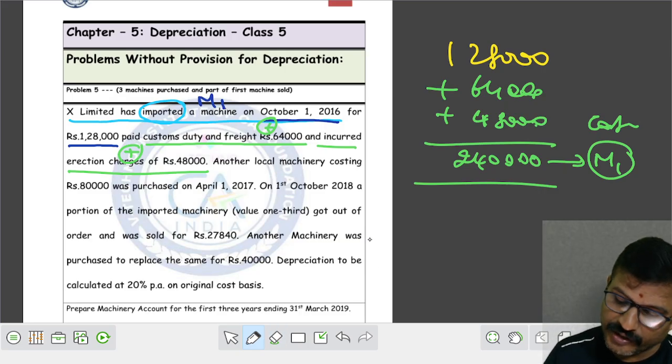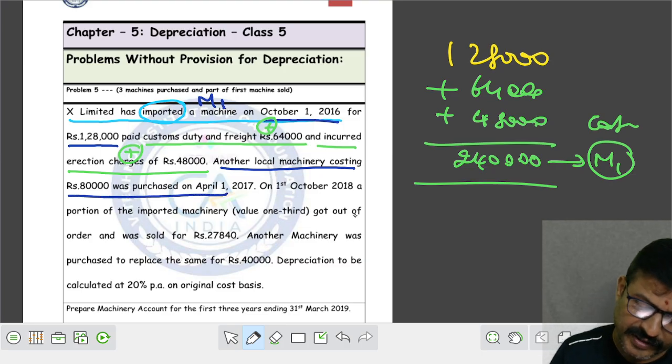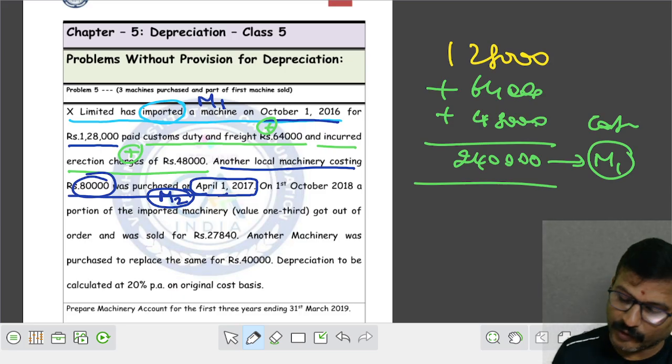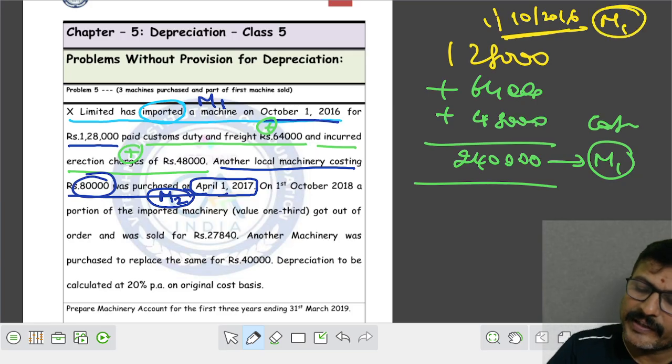Another local machinery costing 80,000 was purchased. This is M2, purchased for an amount of rupees 80,000, on April 1st. This machine M1 is purchased on 1st October 2016.